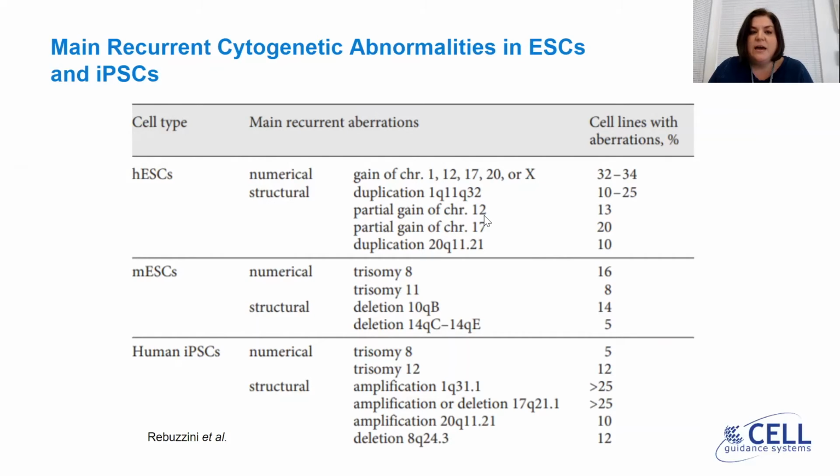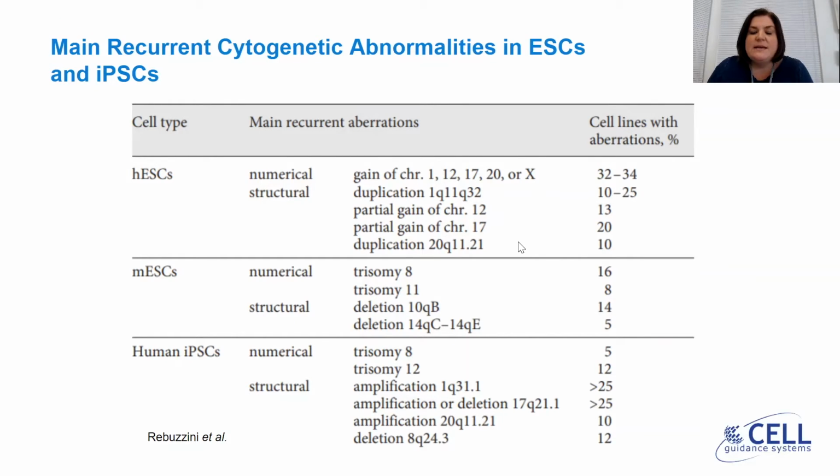Here we have an overview of the most common recurrent cytogenetic abnormalities. For ESCs, we have gain or trisomy of chromosomes 1, 12, 17, 20, or X. We have duplication of the long arm of chromosome 1, partial gain of chromosome 12, partial gain of 17, and duplication of 20q.